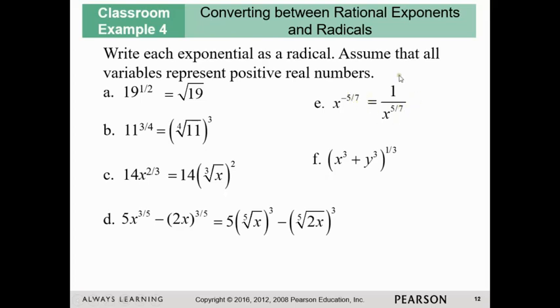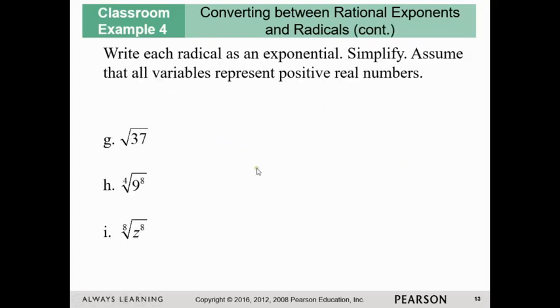So this becomes 1 over x to the 5/7. And F, we apply that special rule. 3 is going to be the index, and we move the radicand, whatever the base of the fractional exponent, into the radicand portion there. So again, there we have the index is 3, and the radicand is x cubed plus y cubed.